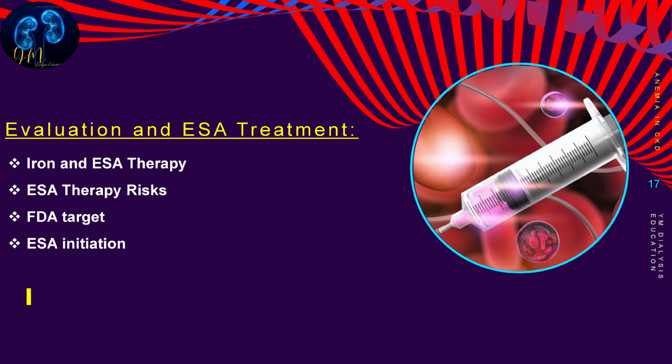The FDA recommends that ESAs be initiated when hemoglobin falls below 10 gram per deciliter to decrease the need for RBC transfusions. In 2011, Burns, a nephrologist, questioned these recommendations because they were based on a limited number of trials, and the patient populations were applied to the whole population with CKD.